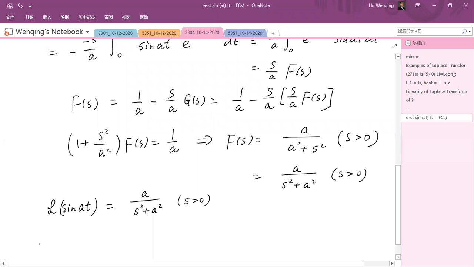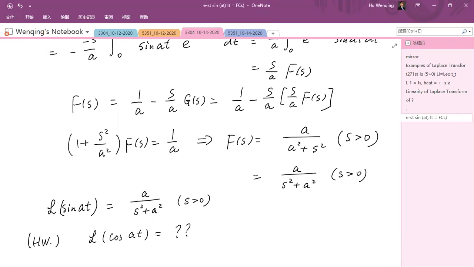Now I leave to you as a take-home exercise to practice: what is the Laplace transform of cosine at equal to? Try to calculate it in your spare time. Is that good, family? Okay, so in this lecture, we have been calculating Laplace transforms. We introduced this notation of Laplace transforms.